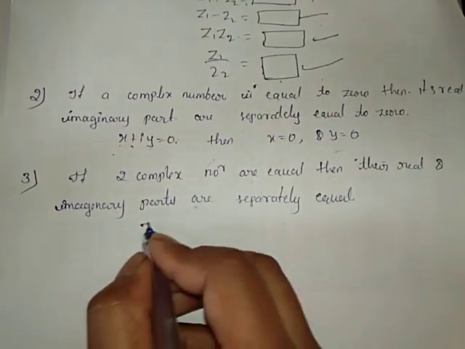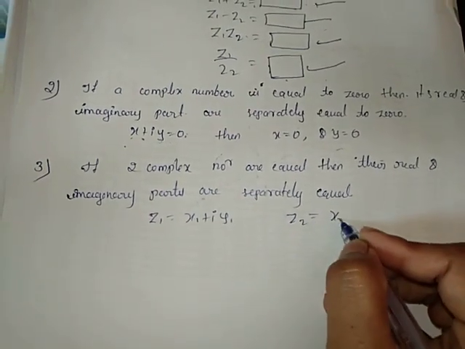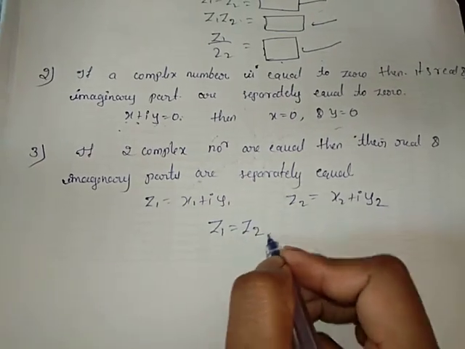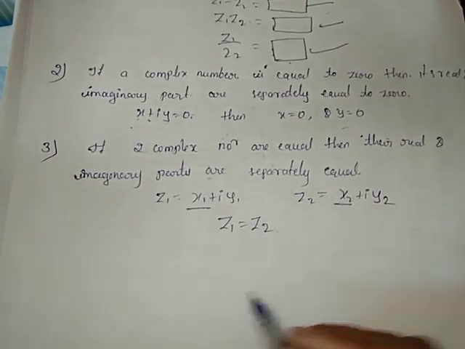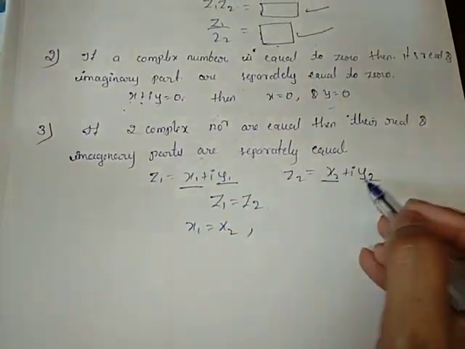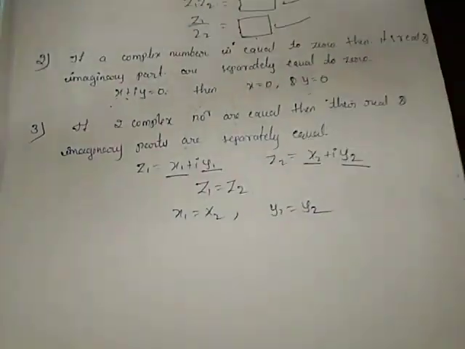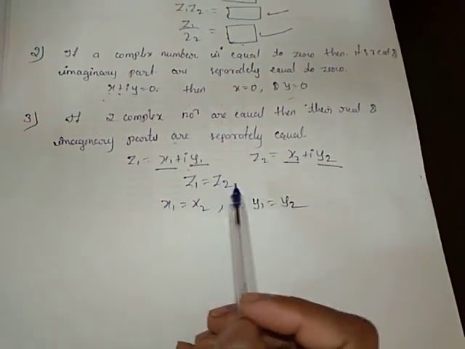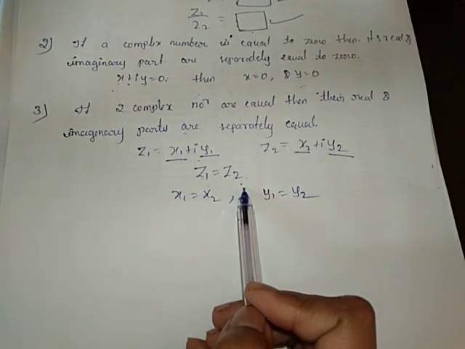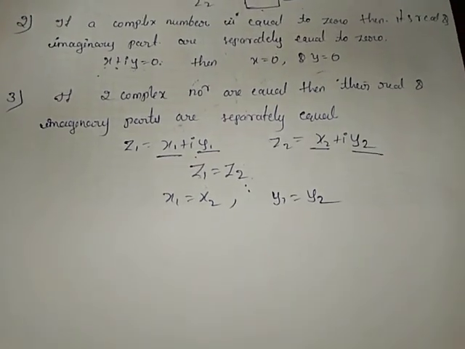For example, if z1 equal to x1 plus iy1, z2 equal to x2 plus iy2, and you want to say that z1 equal to z2, then the respective real part x1 should be equal to x2 and the imaginary part y1 should be equal to y2. Then only we say that the two complex numbers are equal. Clear?